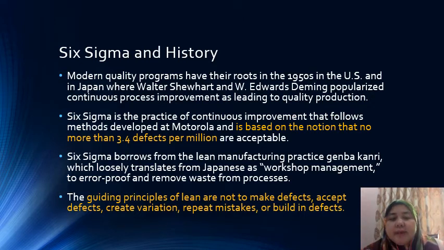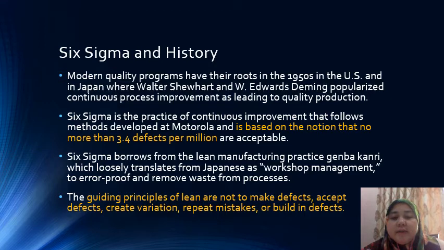Six Sigma is the practice of continuous improvement that follows methods developed at Motorola. So it started at Motorola. It's based on the notion that dia punya benchmark that no more than 3.4 defects per million are acceptable. Dia cuma that is dia punya notation of errors lah.